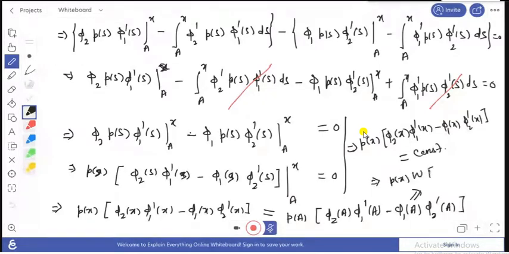This thing is Wronskian of phi 1x and phi 2x. So this equals constant. Okay, so you can write here because this is the Wronskian of that. So this is your constant, and this is known as Abel's formula. This is your Abel's formula. Okay, so here px times Wronskian equals constant, so you can show that thing.